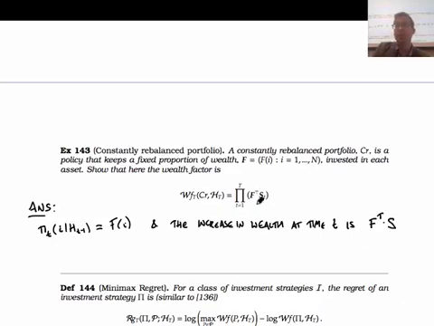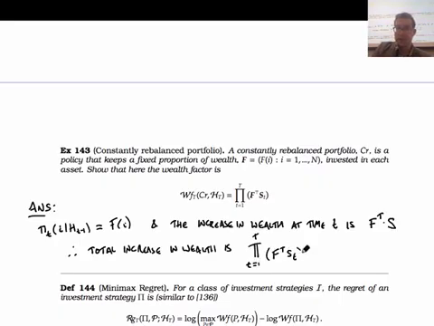And then if I want to do it over all time, the total increase in wealth is the product of all these. Okay, just the product of those. I should have a little t there.